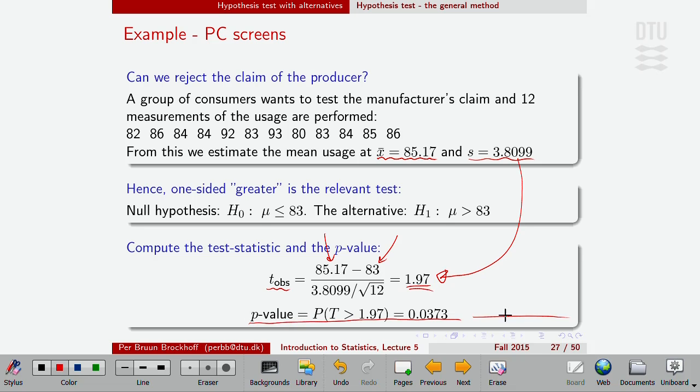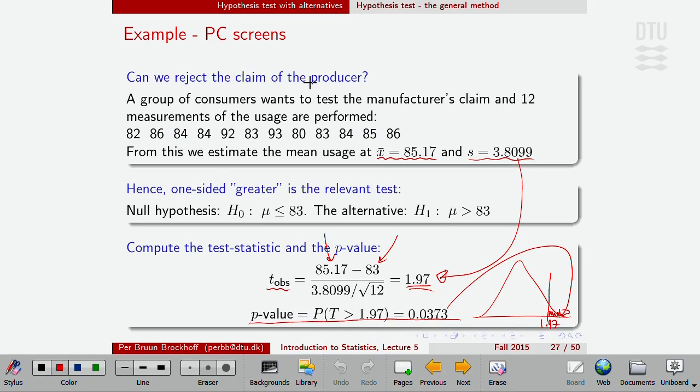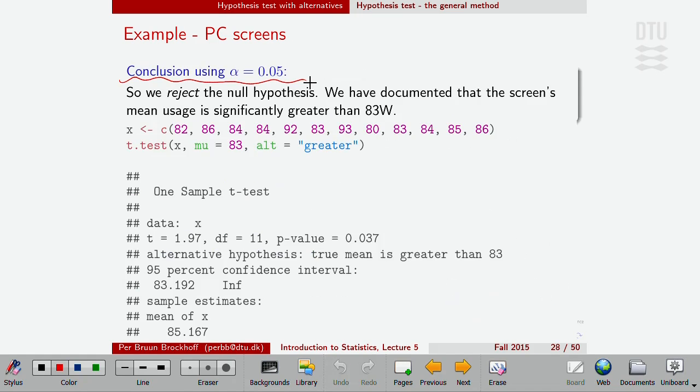What is the chance of going above 1.97 in the t distribution with how many degrees of freedom? 11 degrees of freedom, right? That is 3.7%. So I didn't say, but if I use the default level of alpha, what is the conclusion? We reject. We have proved the company wrong, right?